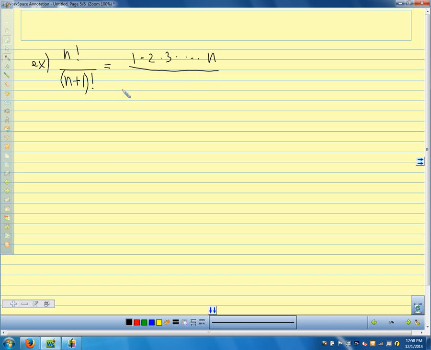And n plus 1 factorial is telling us to multiply all the numbers that are less than n plus 1. So doesn't that tell us to multiply up to n times n plus 1? Isn't n 1 less than n plus 1?